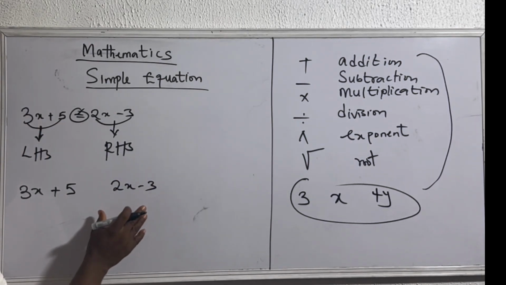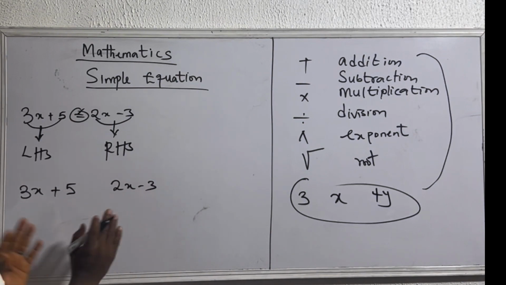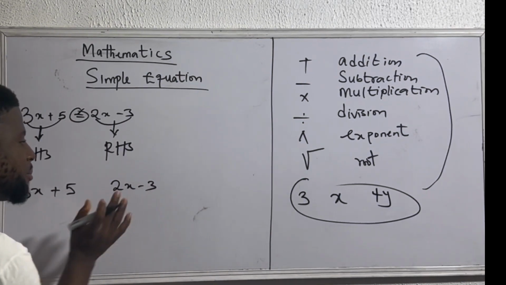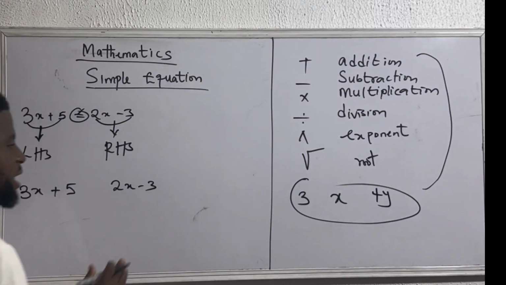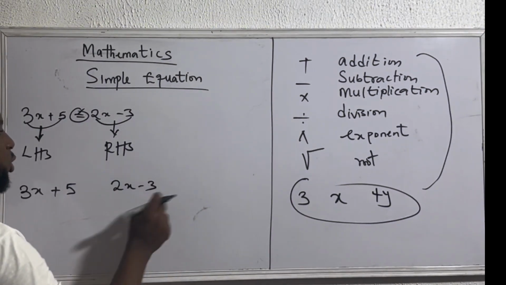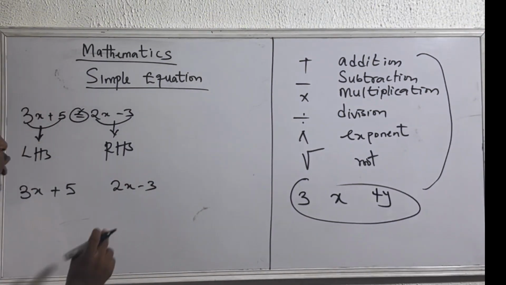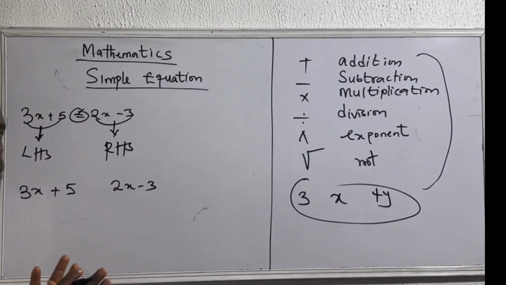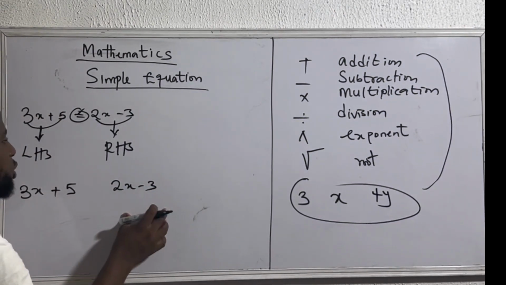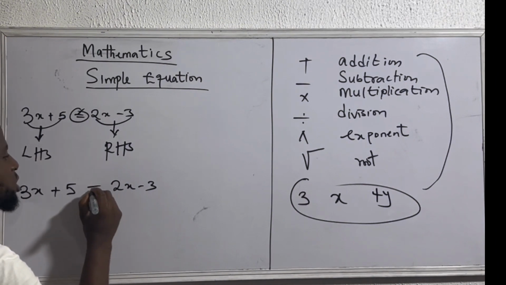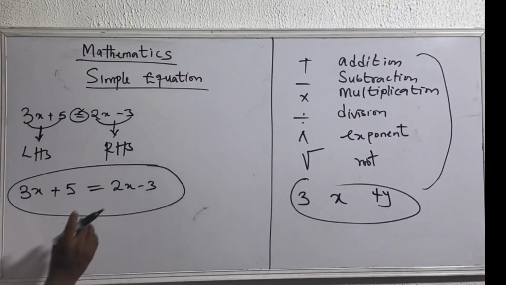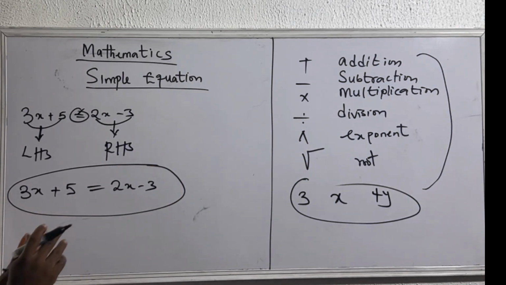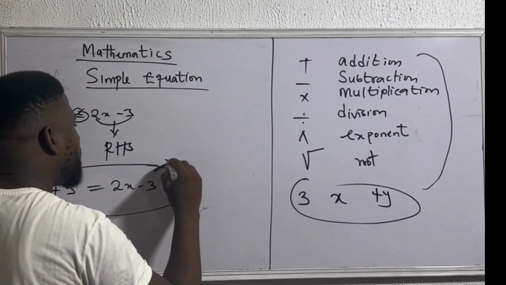So 2x minus 3 as an expression is made up of two mathematical terms, 2x as a term and then 3 as another term, joined together by this operator minus. Now, when we have two expressions and we introduce the equal to symbol, these two expressions cease to be expressions and become an equation.